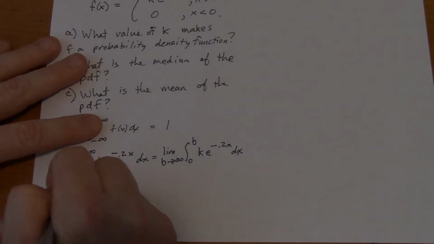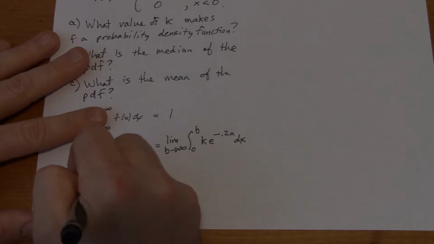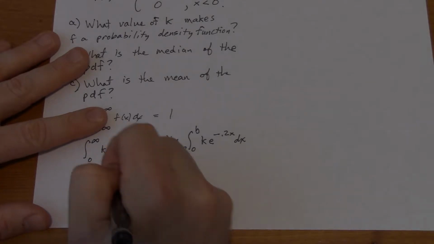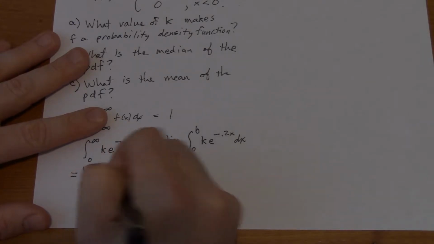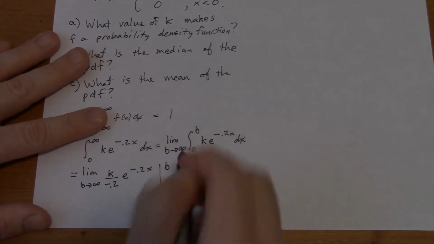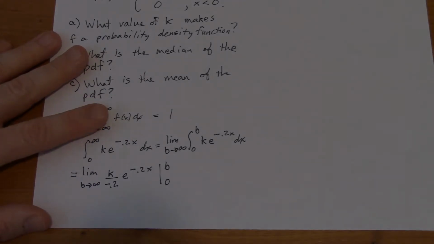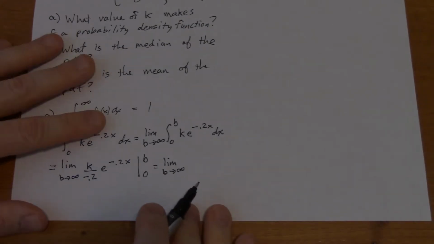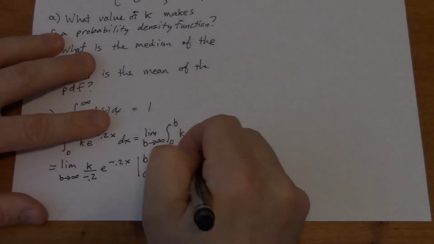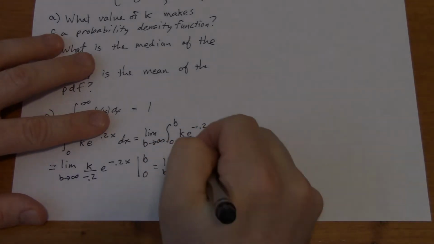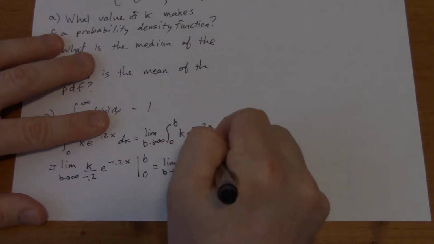So that means we're looking at the limit as b goes to infinity of k over negative 0.2 e to the negative 0.2x, and we should evaluate that from 0 to b. So when we plug in our numbers first, and then we'll do our limit, this would be the limit as b goes to infinity of, let's make the negative in the top, k over 0.2 e to the negative 0.2b.